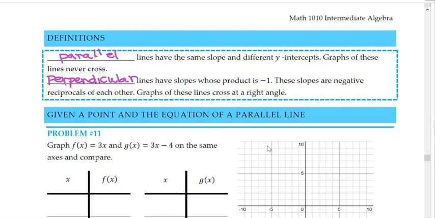So if I had something like -2/3, the perpendicular slope to that, we'd flip it and change the sign, so it would be +3/2.